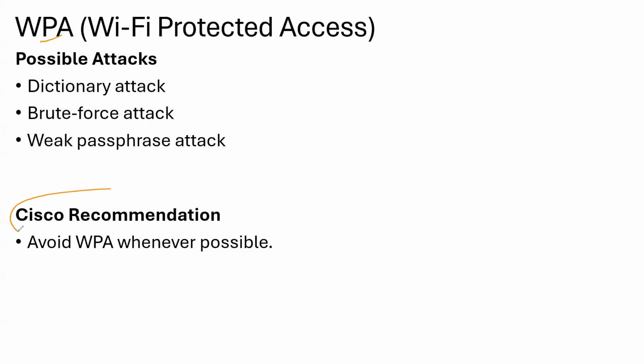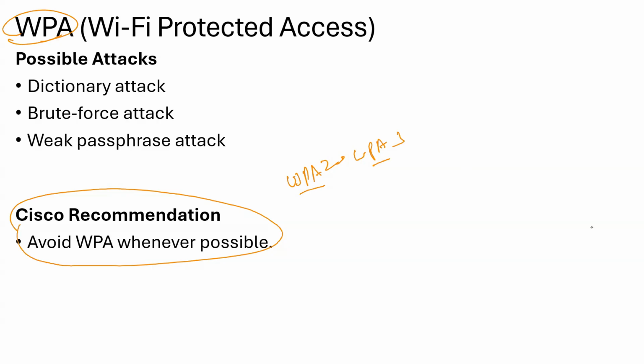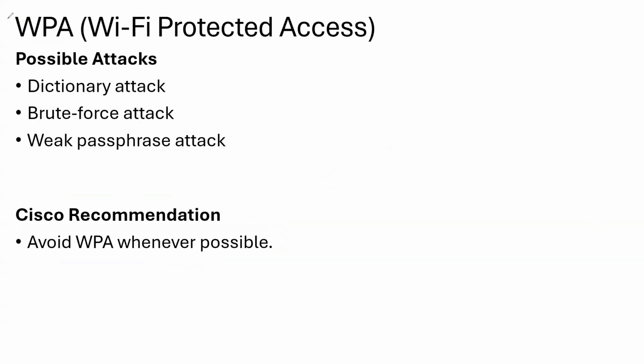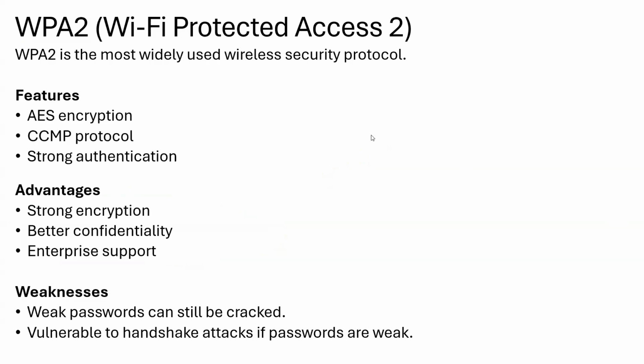So what Cisco recommends is that if you have WPA, WPA2, or WPA3, never use WPA. Always use WPA2 or WPA3. If they are not available, then you can work with WPA. But I think all devices nowadays are updated and have WPA2 or WPA3 security.